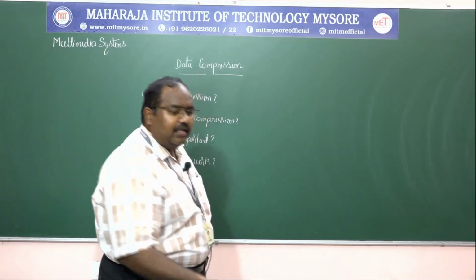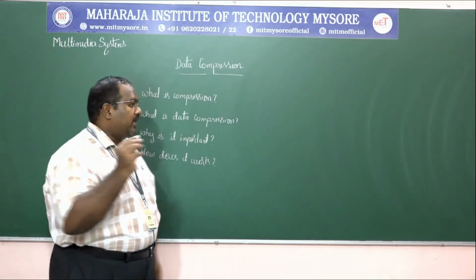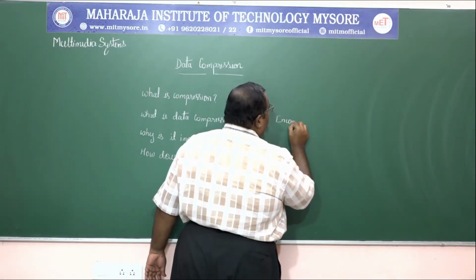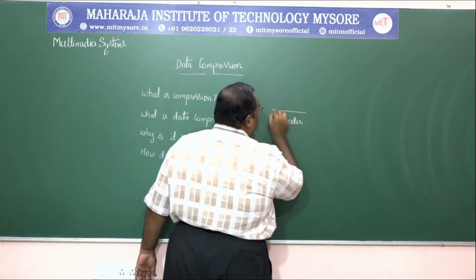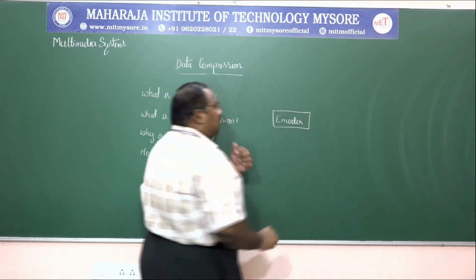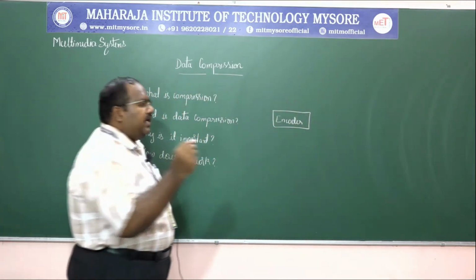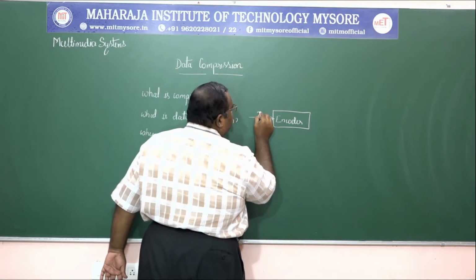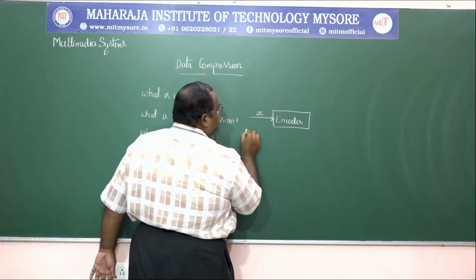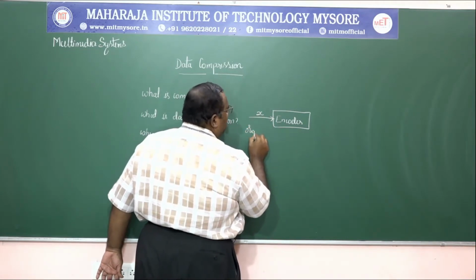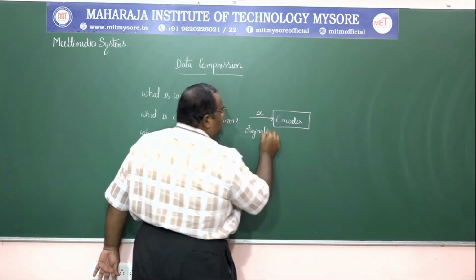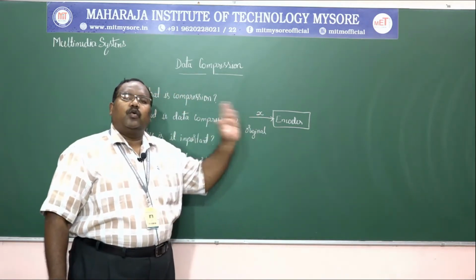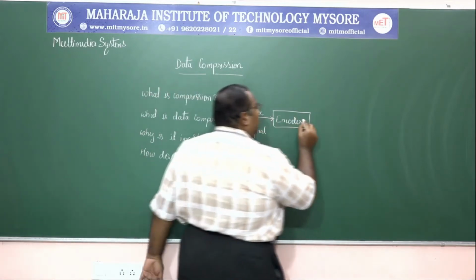It can also be very beautifully represented with a diagram. Look at this. Let us consider the original data is X. When the original data is pushed into the encoder, it is compressed.